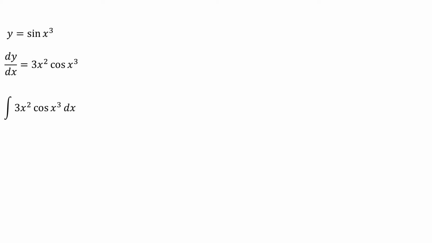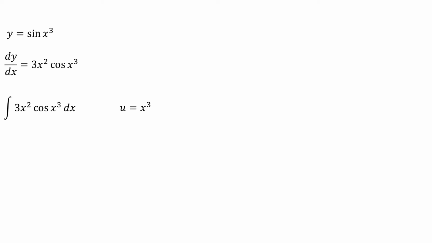And this is a little bit tricky, trying to look at all of the stuff that's going on inside the integral and figure out what function is the main one, or the star of the show, and it's cosine. And then I ask myself, what is contained within that cosine function? Well, it's x to the third power. So I will let u, my universal variable, stand for x to the third power.